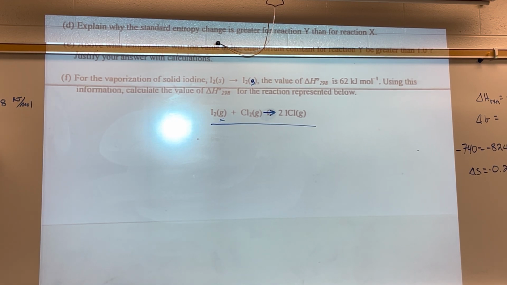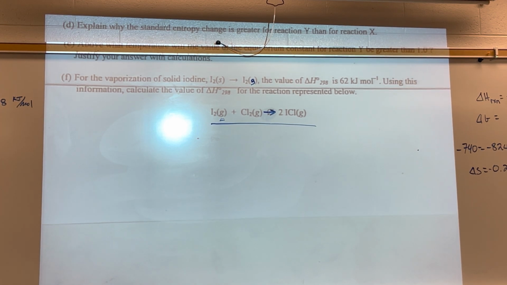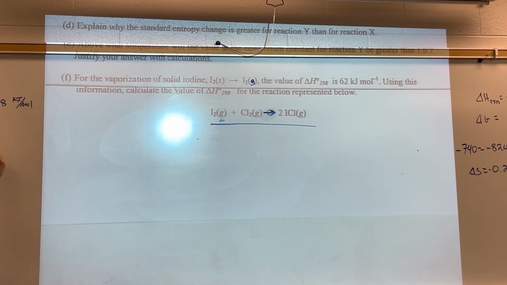So my delta H of vaporization, it's not vaporization anymore, it's deposition, but it's going to equal negative 62. So now, what else do I have to do to this one? Multiply this one by 2, which means I have to multiply this by 2 to get to 36.